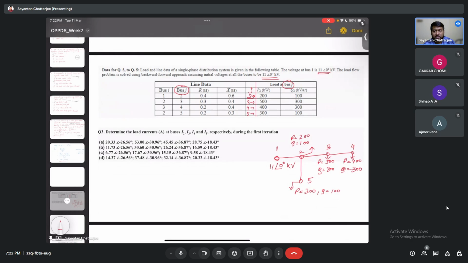Calculate I2. These are the load currents at buses, so bus injection currents are required.